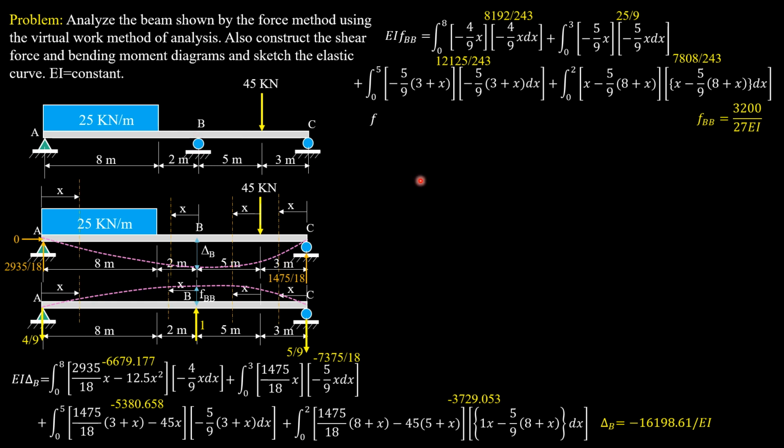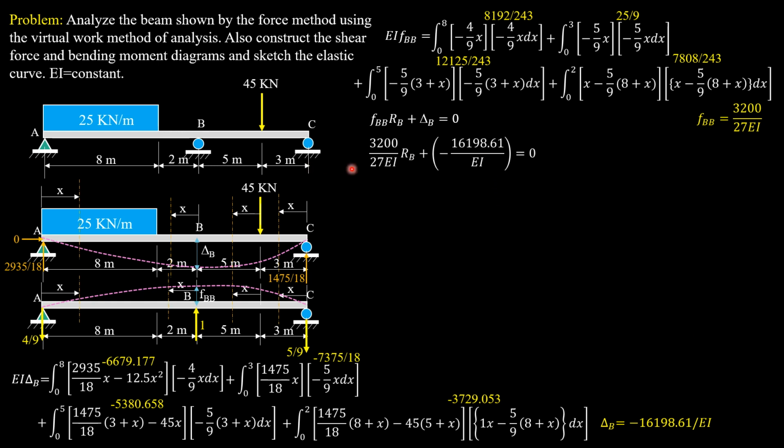So that's why you equate it to 0. So FBB RB plus delta B equals 0. So 3200 over 27 EI times RB plus negative 16198.61 over EI equals 0.